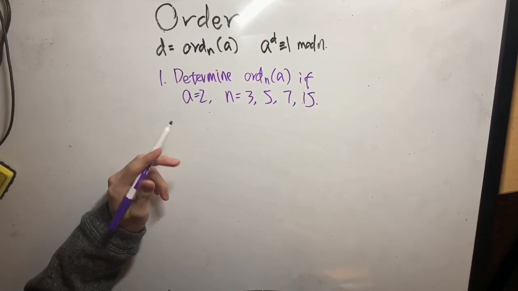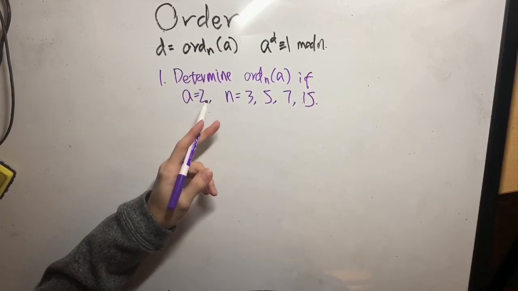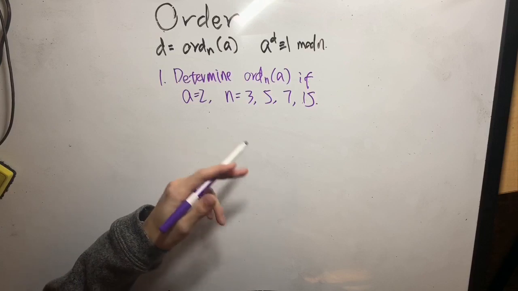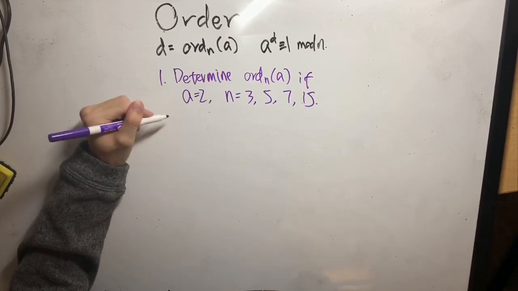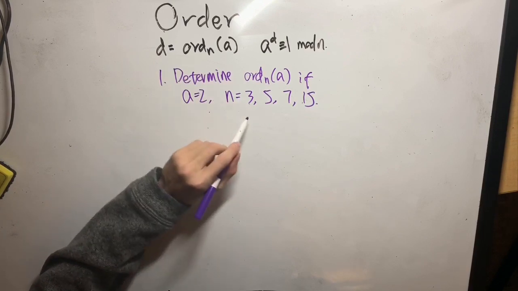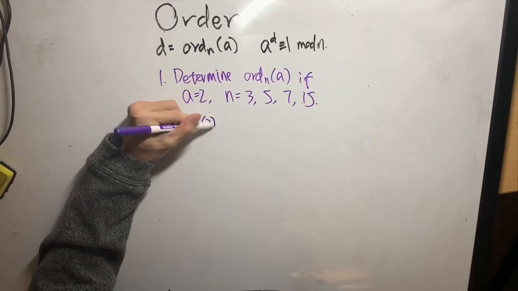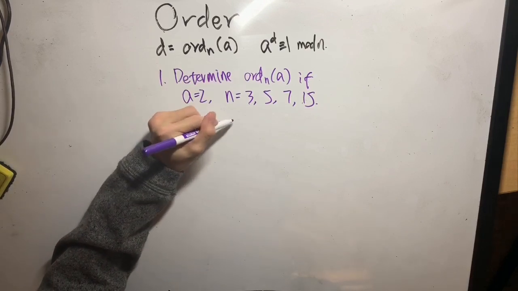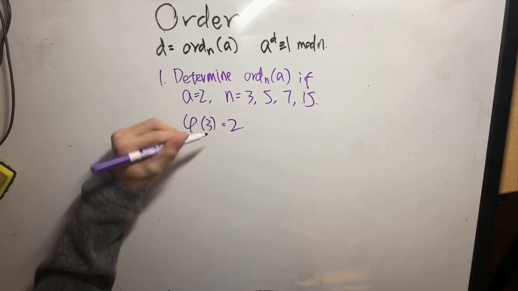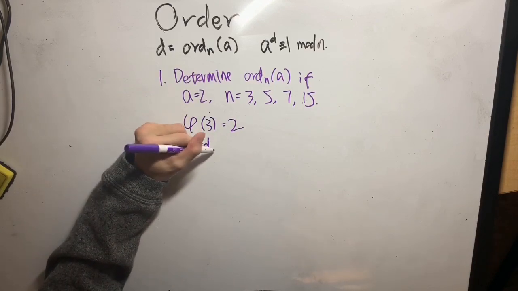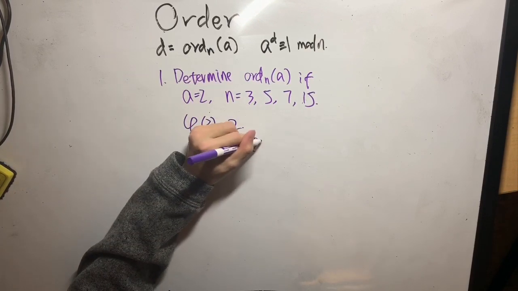So the first question is to determine the order of a modulo n if a equals 2 and n equals 3, 5, 7, and 15. So first, we know that phi of a prime number, which is 3, equals p minus 1, which is 2. We learn from the propositions that the order of a modulo n divides phi of n.